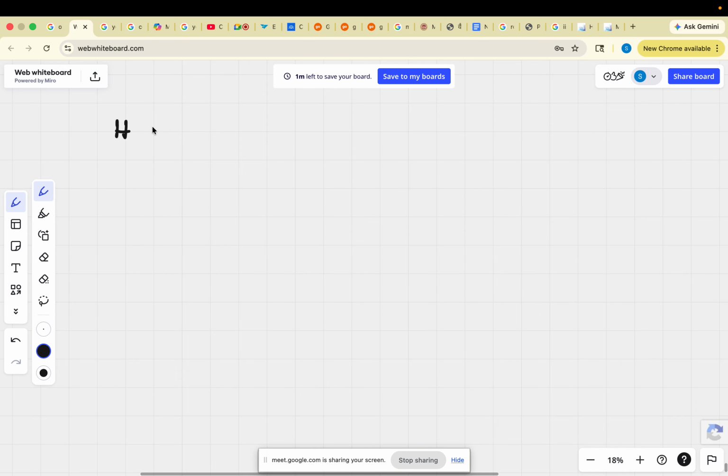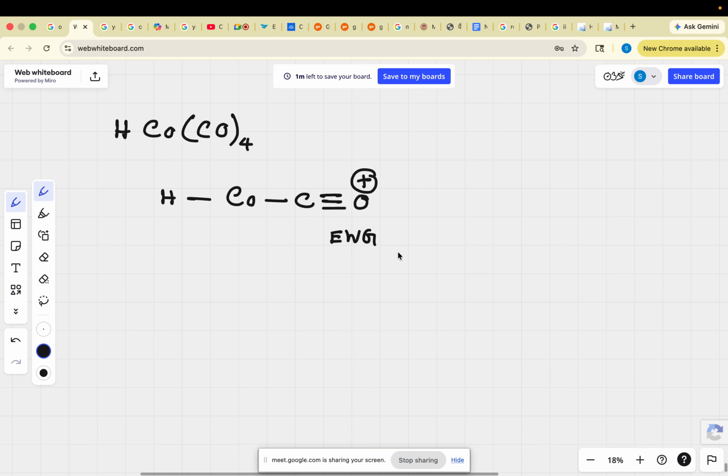Suppose you have this compound, HCo(CO)4. If I show the bonding, hydrogen, then you have cobalt, and I am showing one of the carbonyls. Carbonyl is basically like this, CO, right? What I told you is that this is an electron withdrawing group.